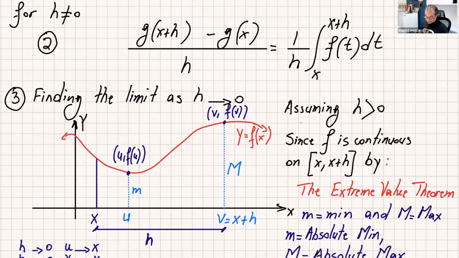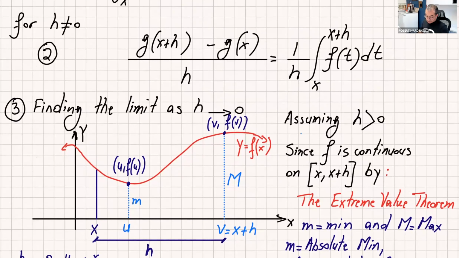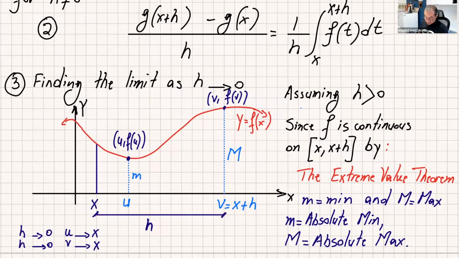Let's look at this graph to understand the limits better. The first thing, h is right here. If you're going from x to x plus h, that's the distance.